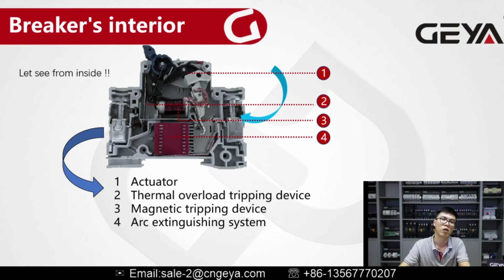There are 4 main parts of these breakers. First, the actuator; second, the thermal overload tripping device; third, the magnetic tripping device; and fourth, the arc extinguishing system.